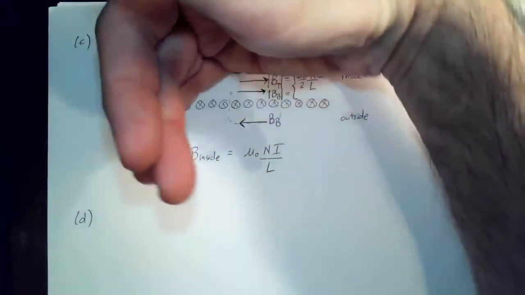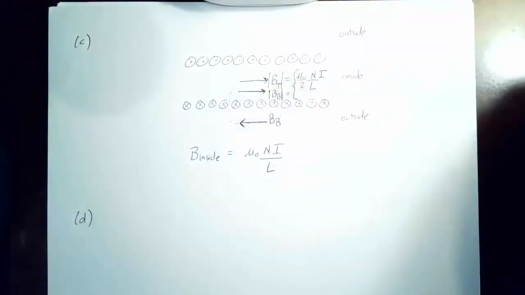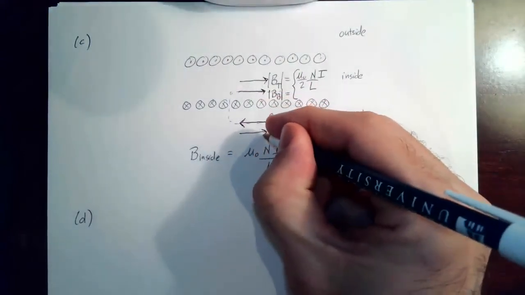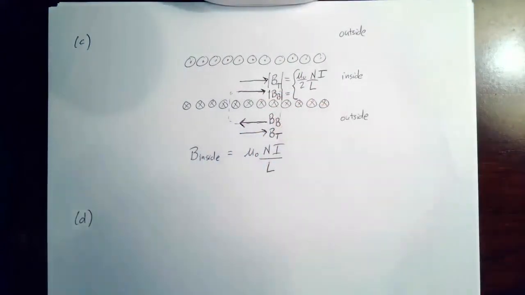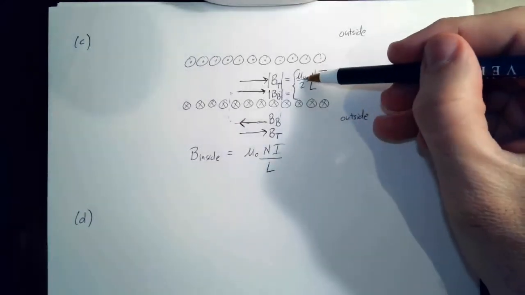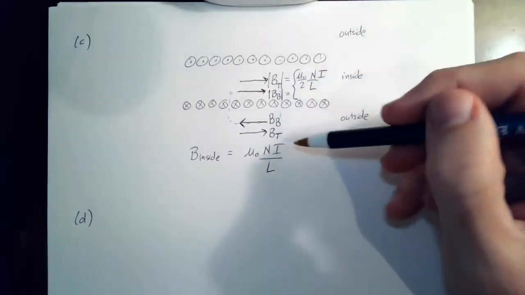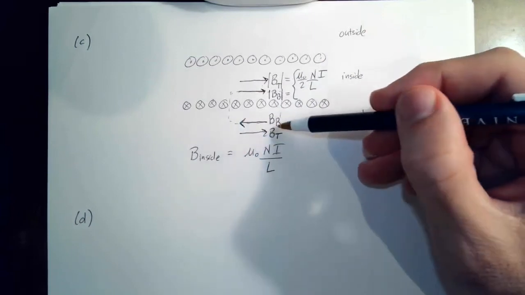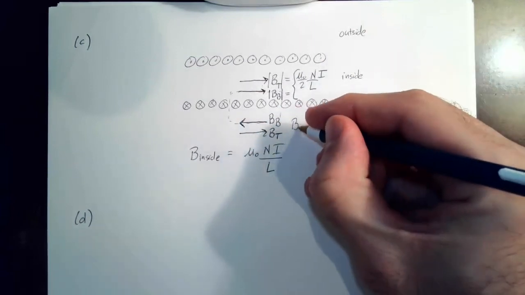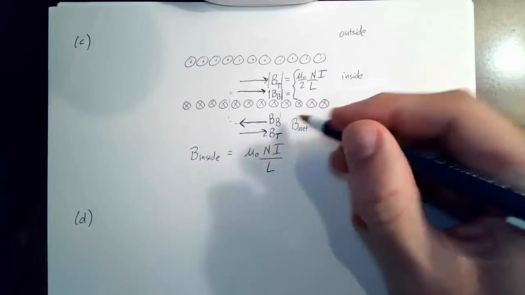Well, here I've got my thumb pointing out, my fingers are curling, so down here, due to the top, my magnetic field is to the right. Okay, and if they're, again, each mu naught over 2 N I over L, but they're opposite to each other, then you can see that the net magnetic field outside is 0.